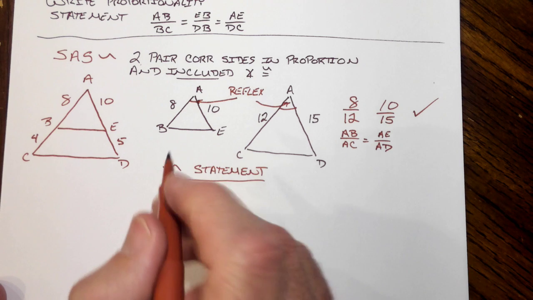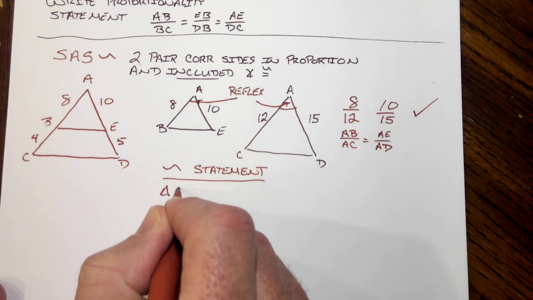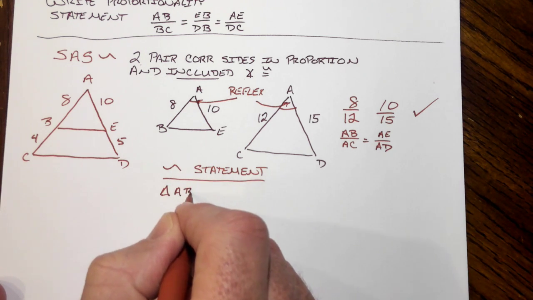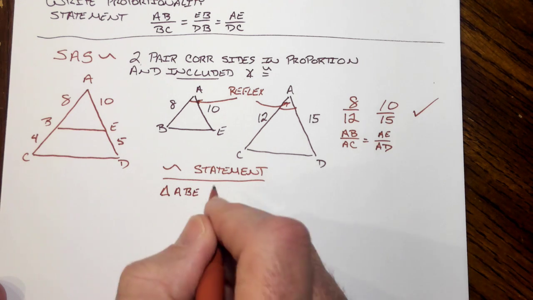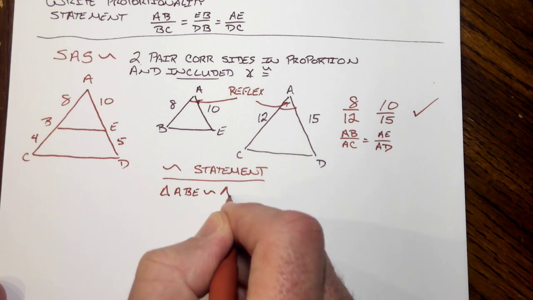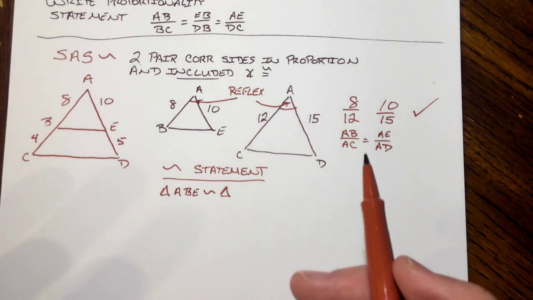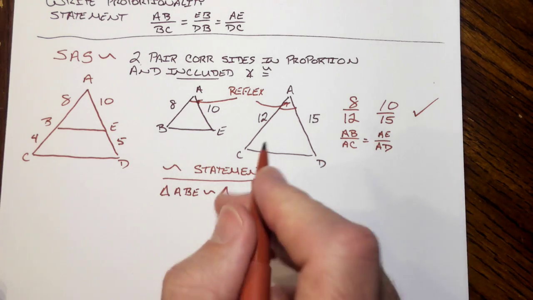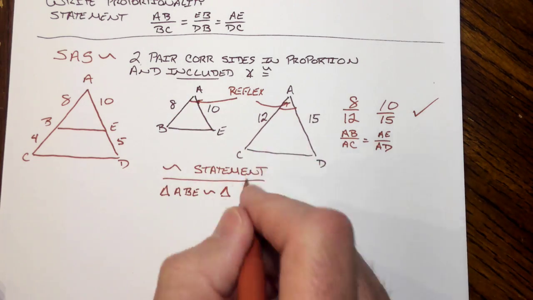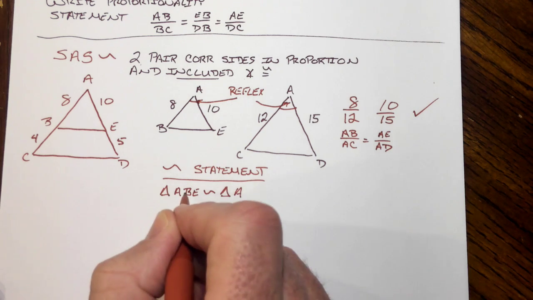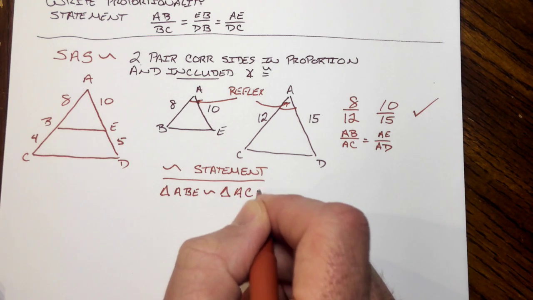I'm going to choose triangle ABE. I'm going to say it's similar, but now make sure you're putting the corresponding angles in the right spots, please. Start with A, so A, following suit, C, D.